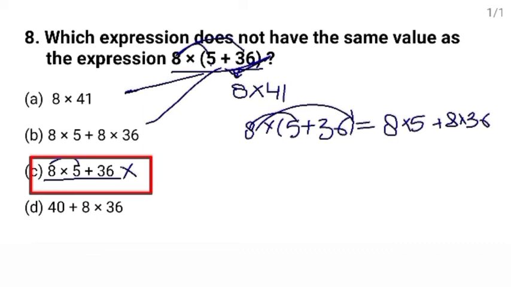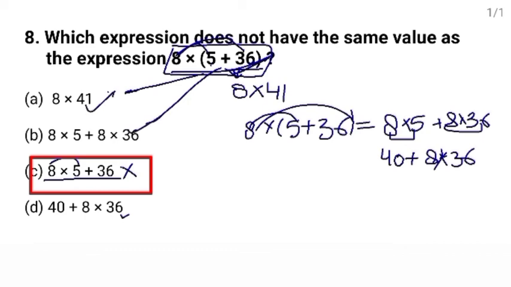When we multiply this 8 by 5, we get 40 plus 8 multiply 36. So this option is also correct. So this expression has the same value as option A, B and D. But this is the different one. So this is our answer.